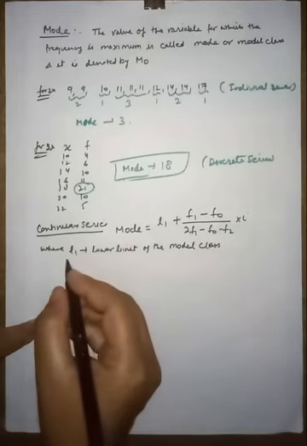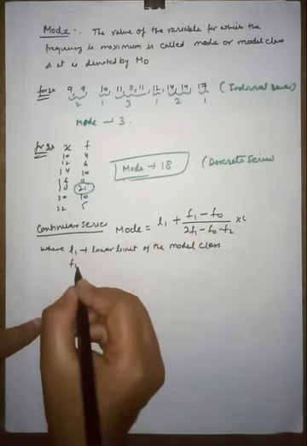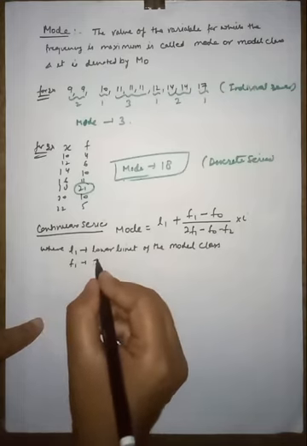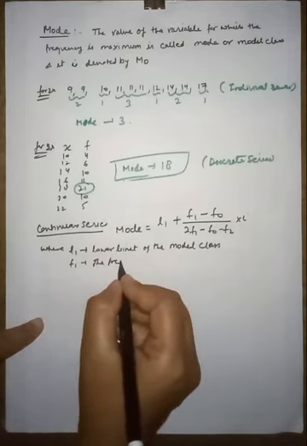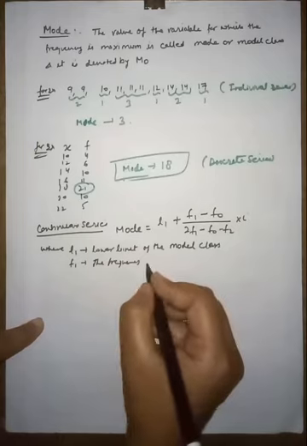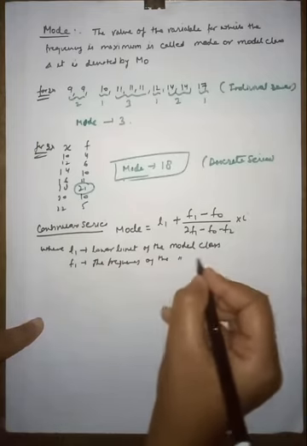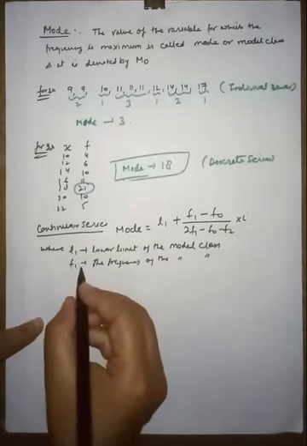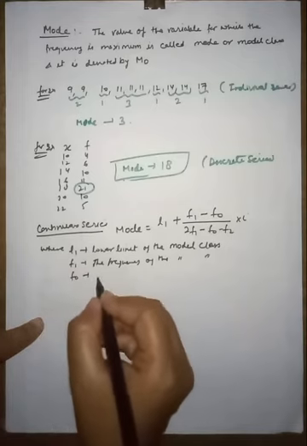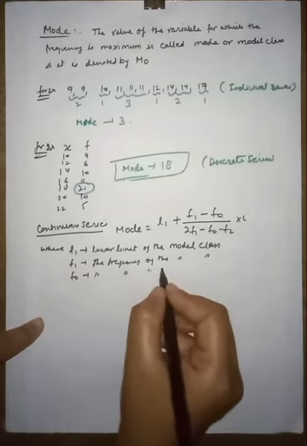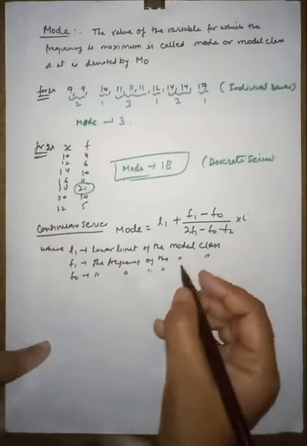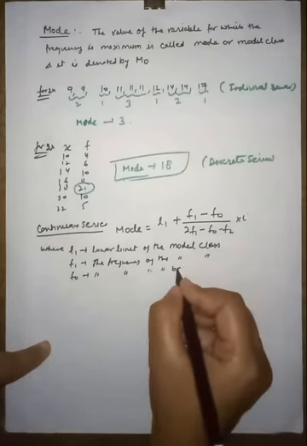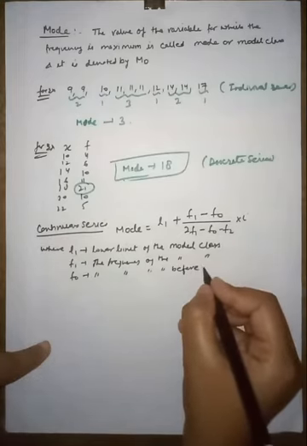Now what is the f1? F1 is the frequency of the modal class. Now f0 is the frequency of the class before the modal class, the preceding one.